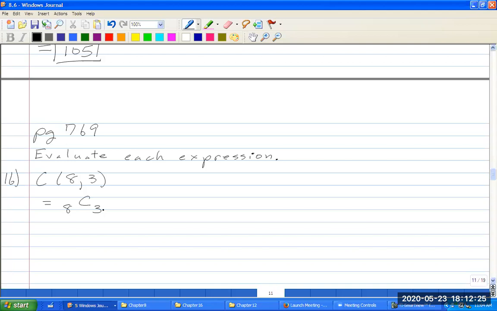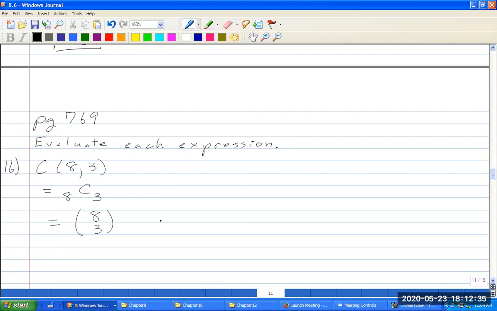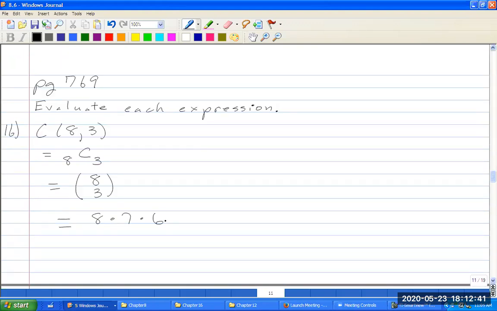Let's calculate this. 8 times 7 times 6. Remember, you start out with 8 and write down 3 numbers over 3 factorial, 3 times 2 times 1. The 3 times 2 times 1 and the 6 cancel. And so I just get 8 times 7, which is 56. And that's your answer.